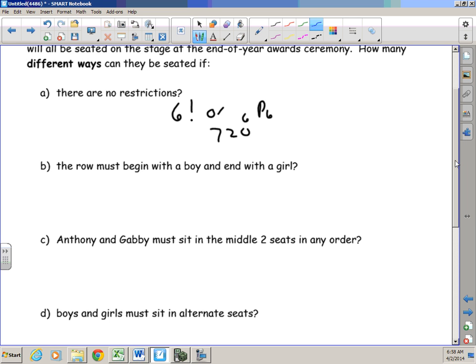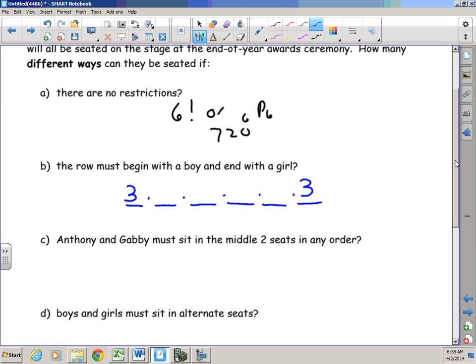All right. Now, the row must begin with a boy and end with a girl. So this is where the box method comes in. I have 3 boys and 3 girls. They must begin with a boy, that's 3 choices, and end with a girl, that's 3.